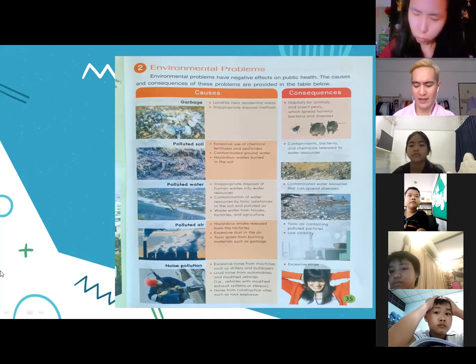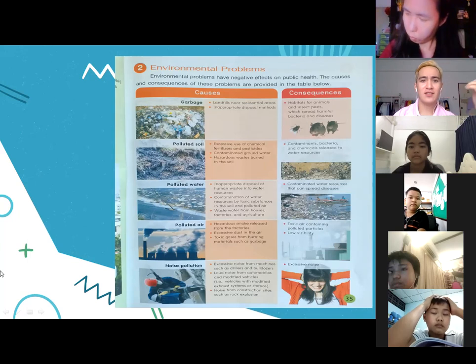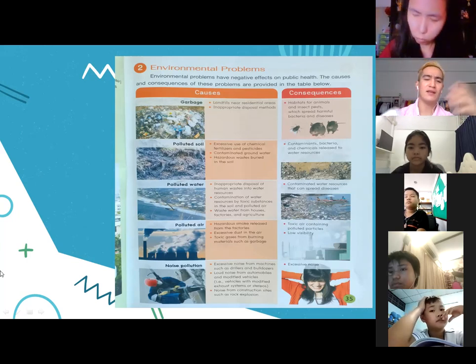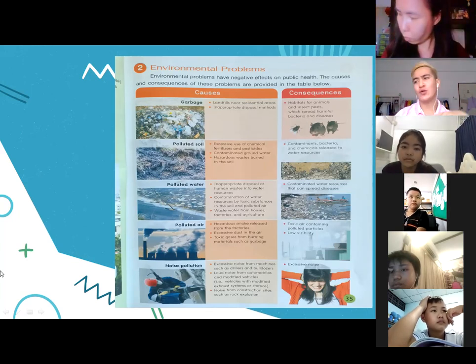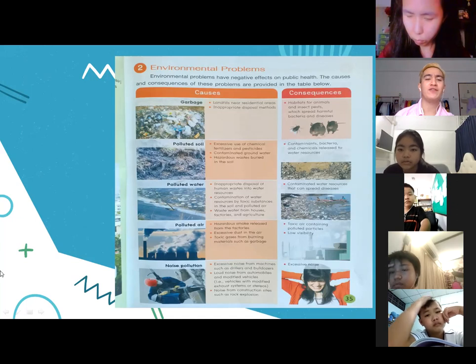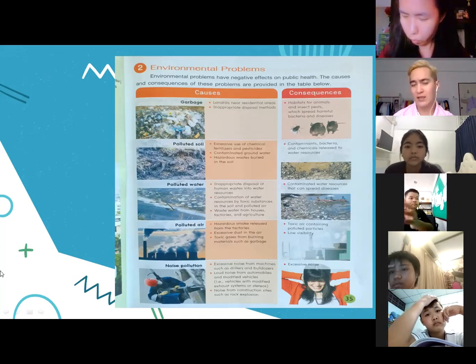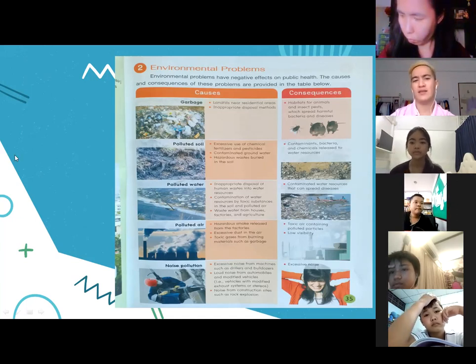That's why we have hazardous waste in the soil, because some of the people in the world don't have proper waste management. They just throw it. For example, the factories that use chemicals just throw them anywhere they want. They don't care about the environment itself.